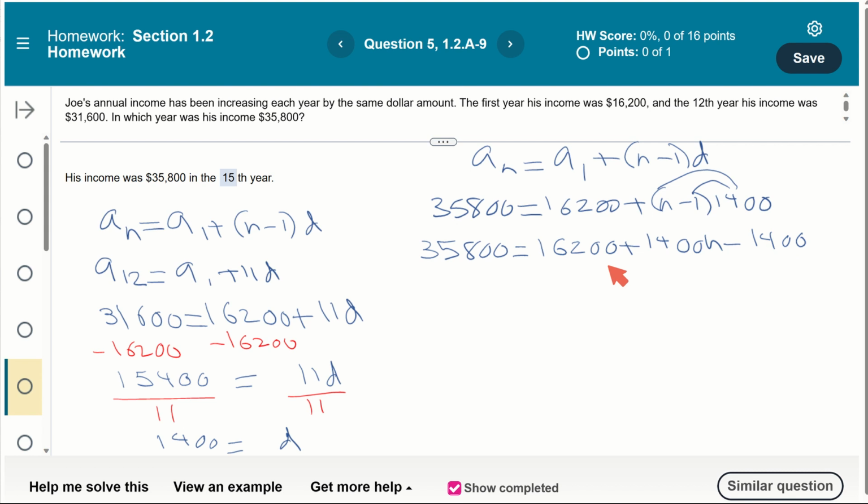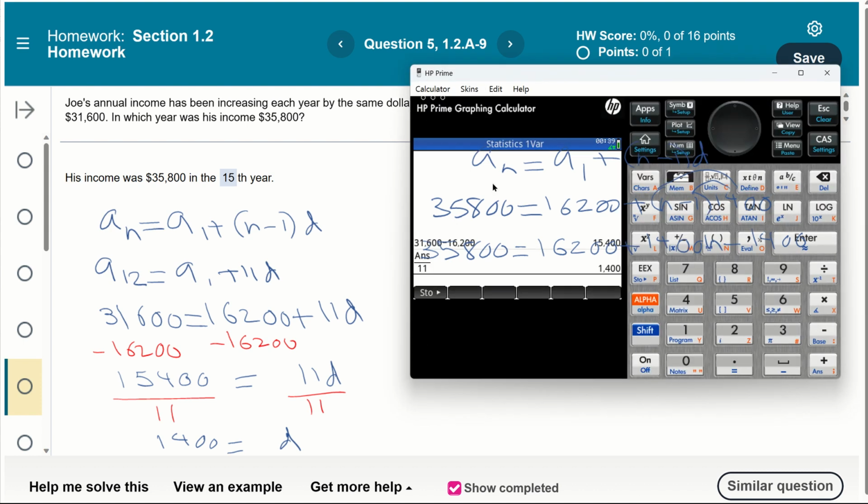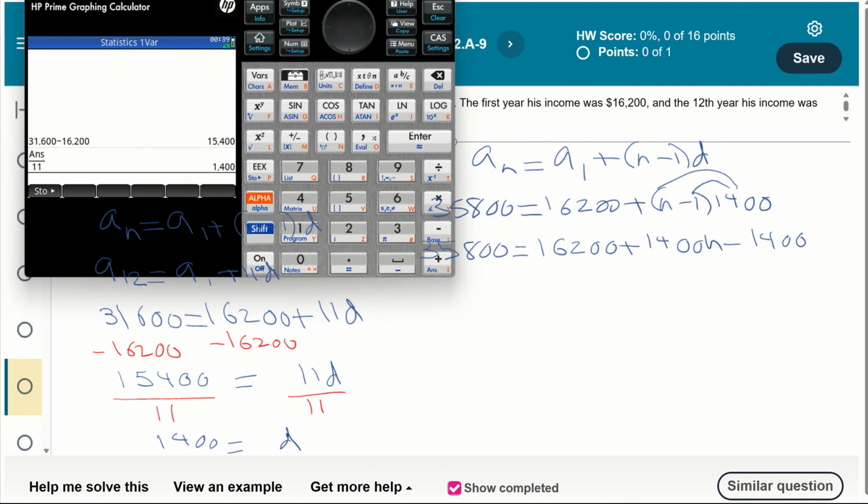So if we combine these two like terms, we get 16,200 minus 1400, so 14,800.